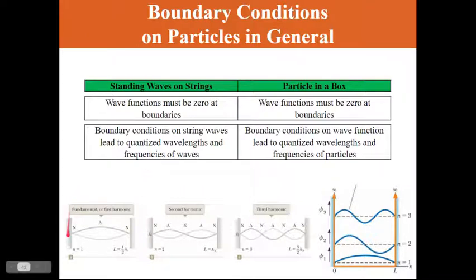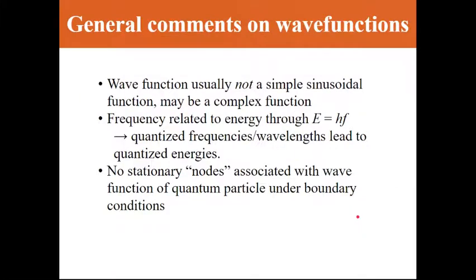And in the same way that this boundary condition led to standing waves having harmonic wavelengths and frequencies, so was the case for the quantum wave functions, where only quantized wavelengths are possible, leading to quantized energy and momenta. But of course, they're not the same, because wave functions in quantum mechanics describe a state, while wave functions in classical wave mechanics describe the physical position, shape, and kinematic properties of a wave.